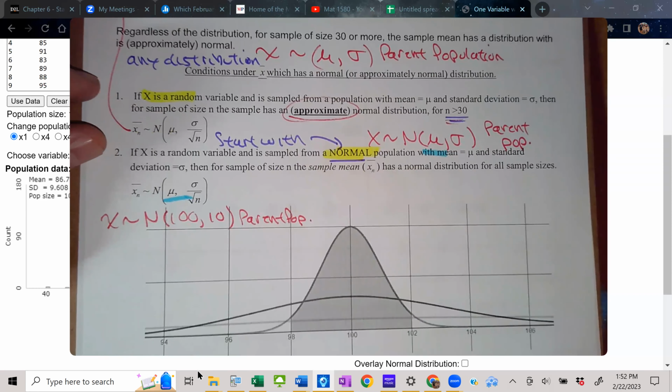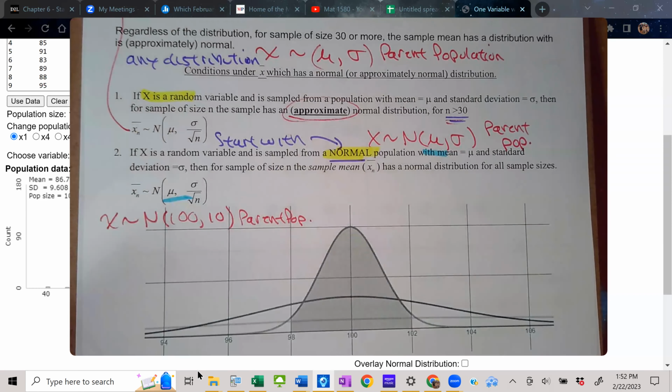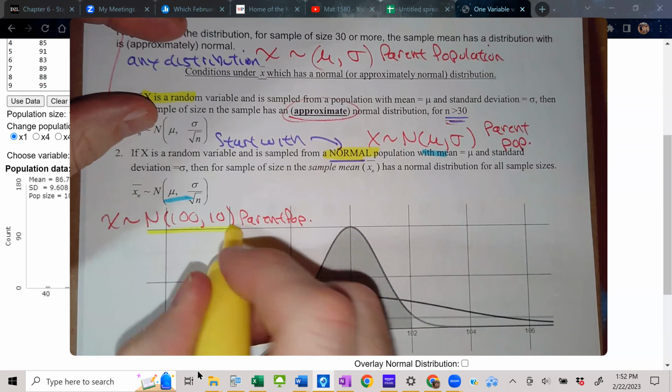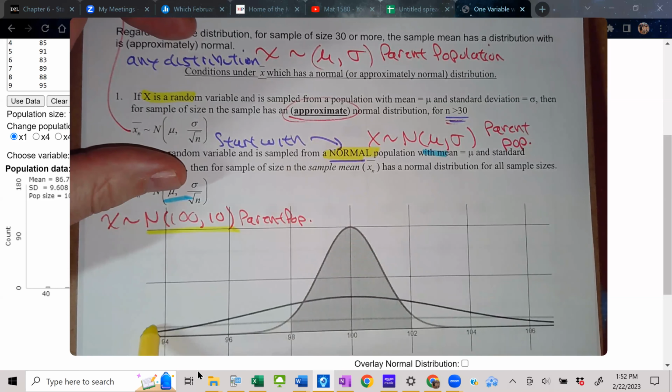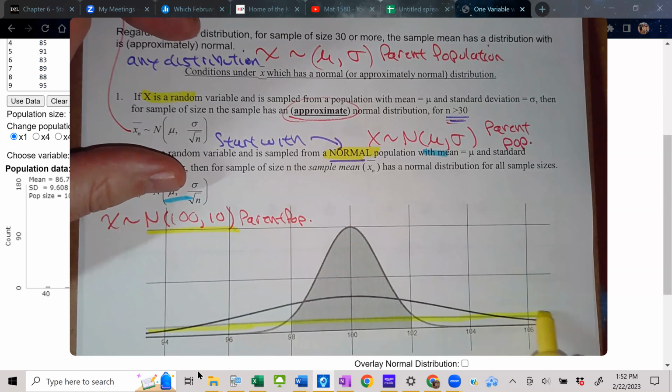And then from that, I want to draw samples of size 10. Now, before I draw my samples of size 10, let me highlight which distribution I've got here. And it's this one that's kind of really spread out down here at the bottom. It's that one.